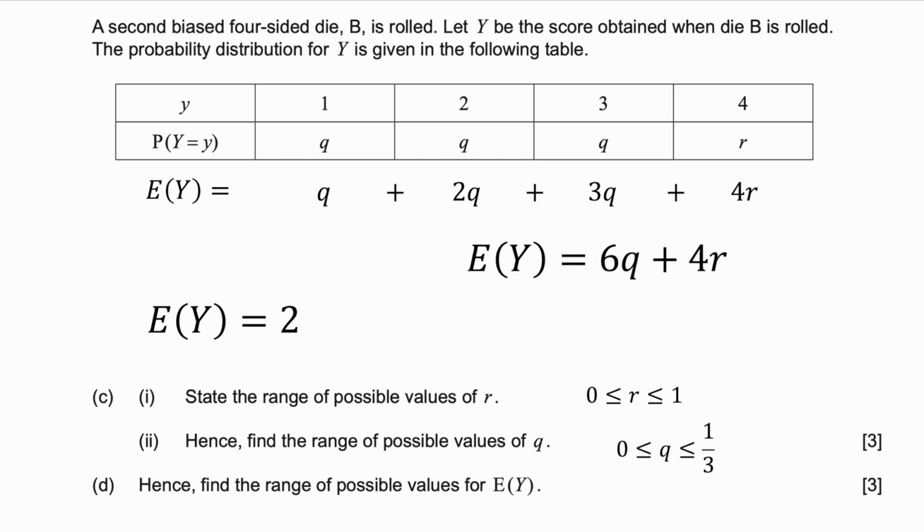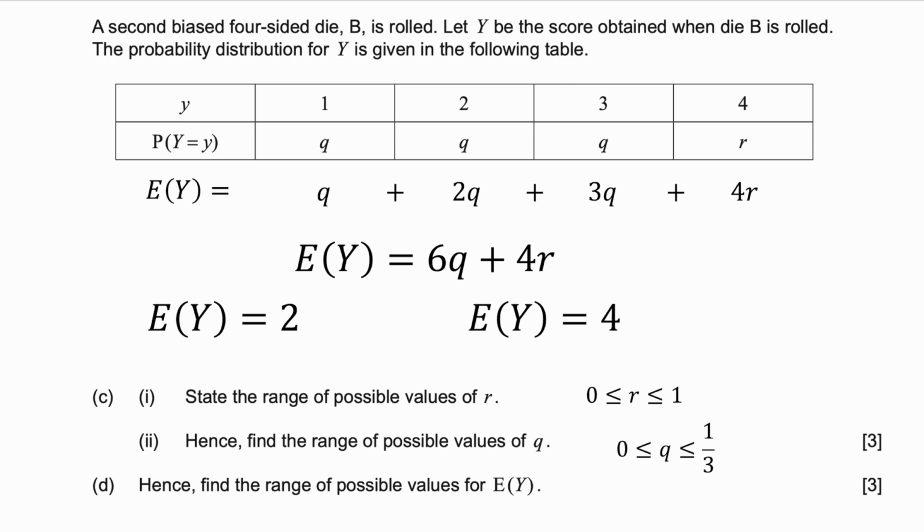Whereas our other combination of Q and R is when Q was 0 and R was 1. So we can put Q is 0 and R is 1 into there. 6 times 0 plus 4 times 1 is 4. So E of Y is between 2 and 4.